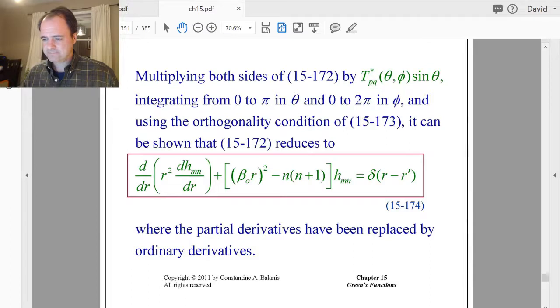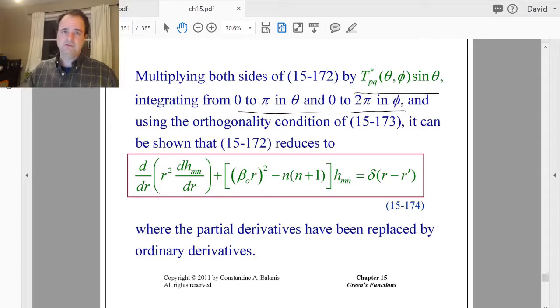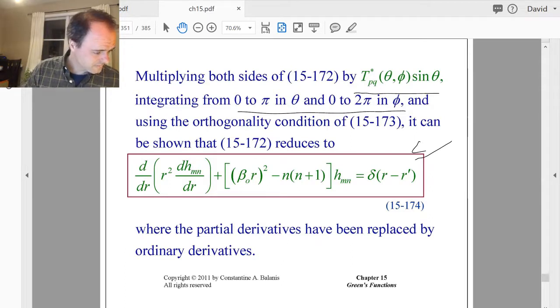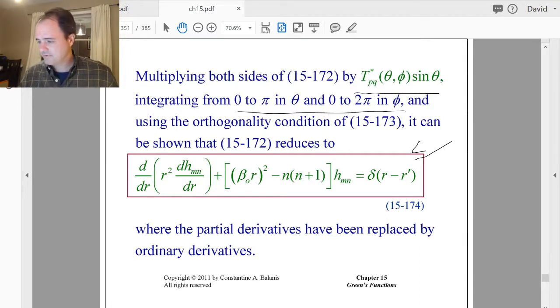All right. So then we can multiply both sides by this and integrate from 0 to 2 pi, and using the orthogonality relation of tesseral functions, we get this right here. That must be satisfied. All right. So then we're down to the standard thing of saying, okay, let's solve this in, say, the closed form recipe.